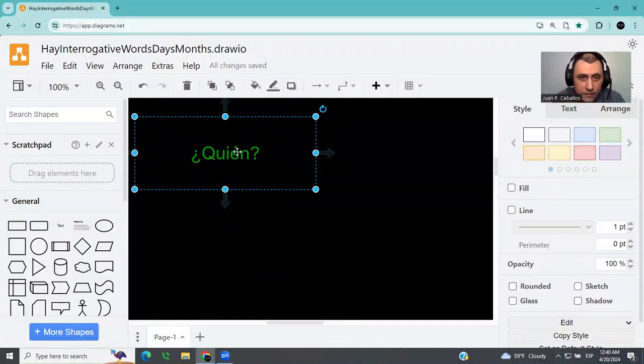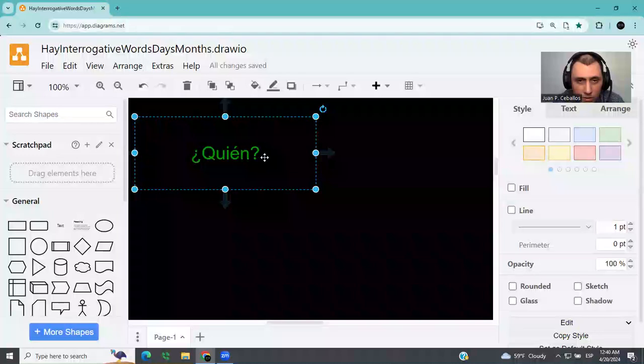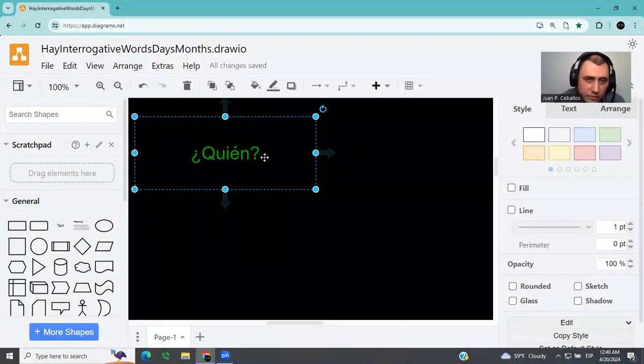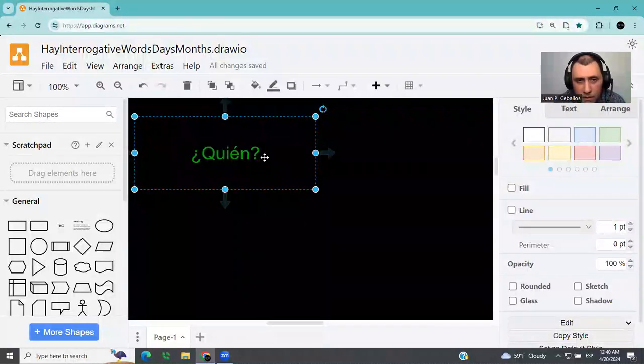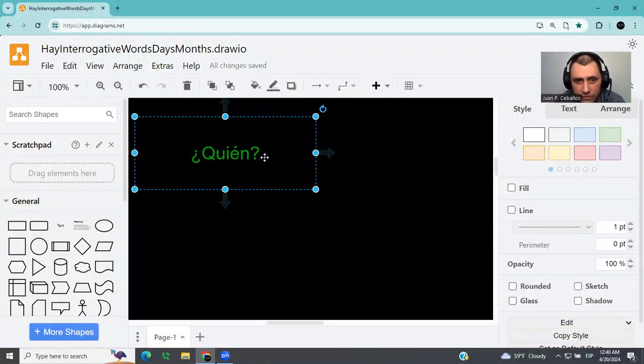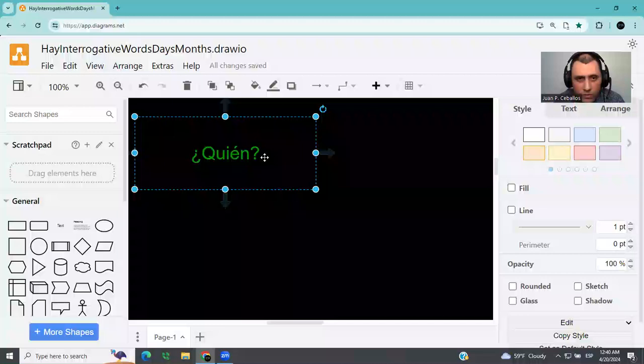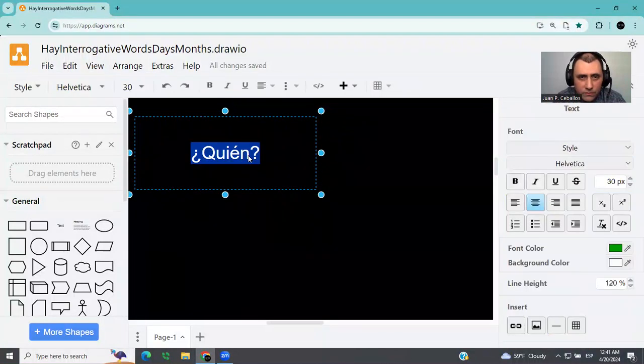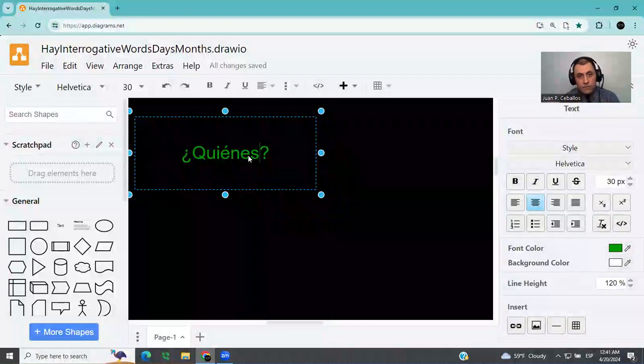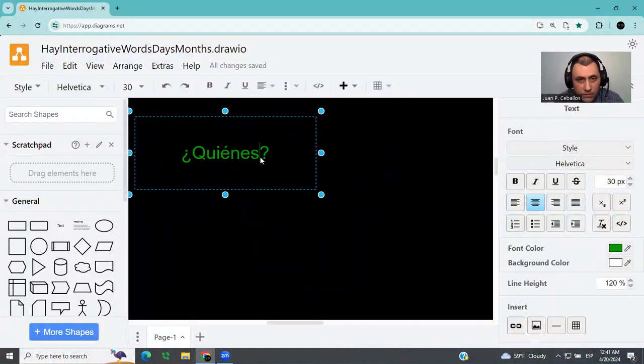So, quién means who, and it is also considered an interrogative pronoun. This is the singular version. Now, we also have a plural version, which is quiénes. I'm going to give you an example with this.